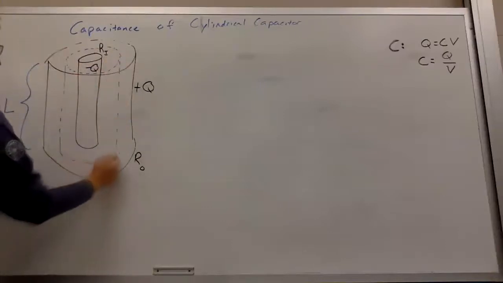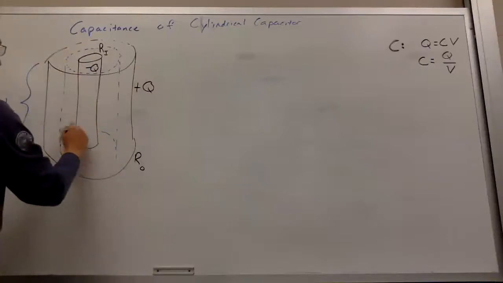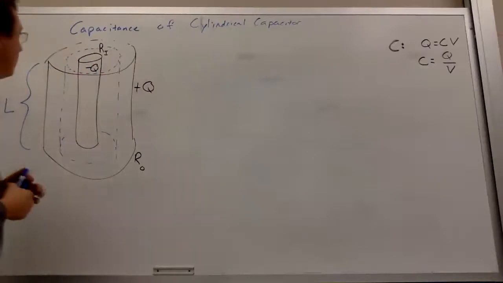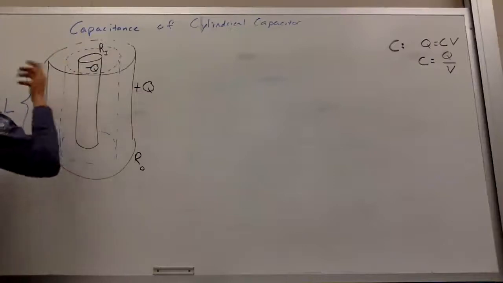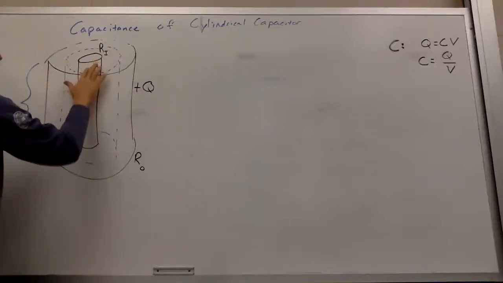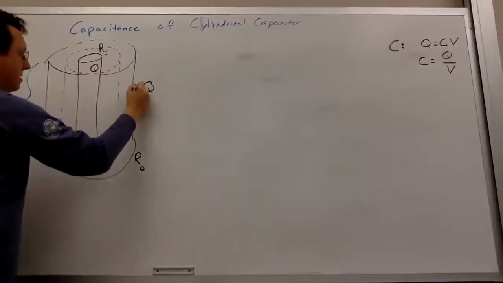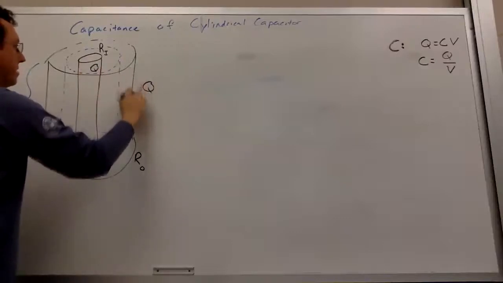And I use a cylindrical Gaussian surface because the distribution of charges is cylindrical in character too, and the Gaussian surface always inherits the symmetry of the charges. Okay, so now we proceed. You know what? I'm going to cheat. I'm going to make this thing positive. Sorry, positive on the inside. I'll say that I have a negative charge on the outside.